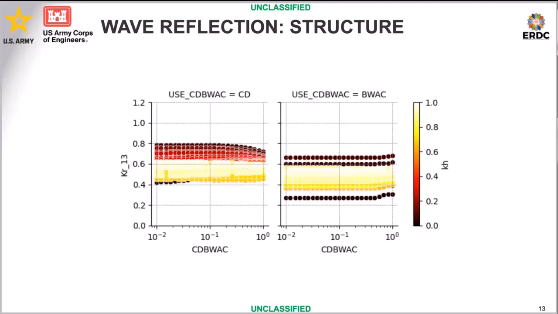And like Ryan mentioned, we see more of that decreasing trend between 0.1 and 1, so 10 to the minus 1 to 10 to the 0. Sorry, I have the cursor in here. More of that downward trend.